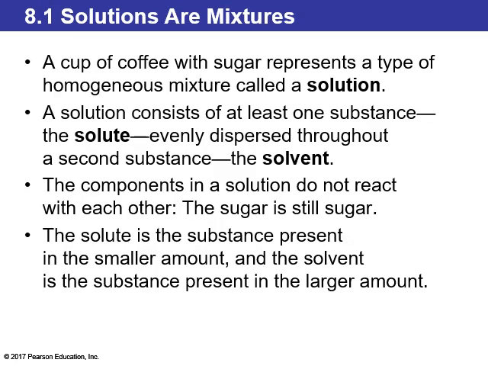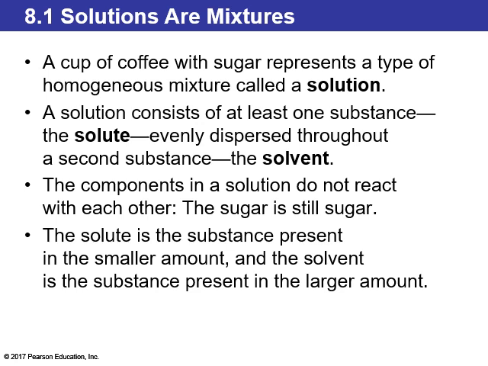So a solution is a mixture with at least two components. It can often have many, many different components. The two major components of a solution are a solute, that's the thing that gets dissolved, and a solvent, that's the thing that does the dissolving. So one example that the book gives is a cup of coffee with sugar in it.